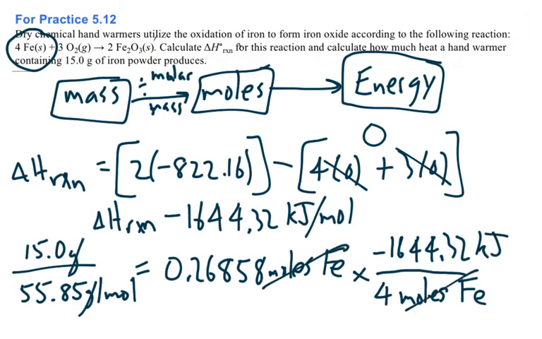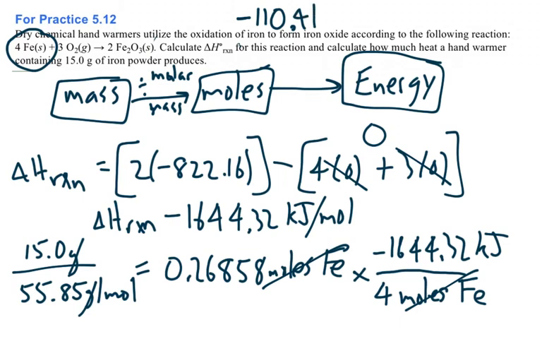That will allow our moles to cancel. So when you get your calculator, multiply the moles of iron, first multiply by negative 1644.32. And then don't forget to divide by 4. And let me write the answer on the top of the page here. The answer that I get is negative 110.41.